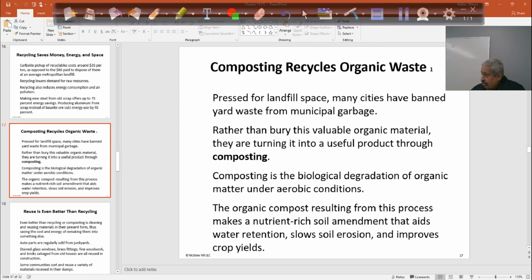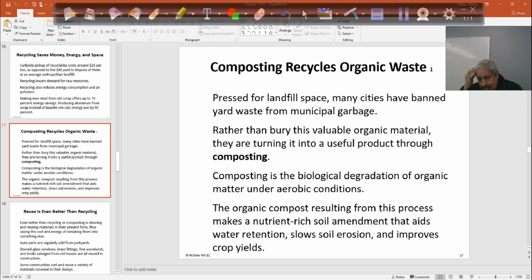You should not mix those with the normal waste trash, which ends up in landfill and most of the time burned. Rather than bury this valuable organic material, they are turning it into a usable product through composting. So those are not mixed with the general waste.